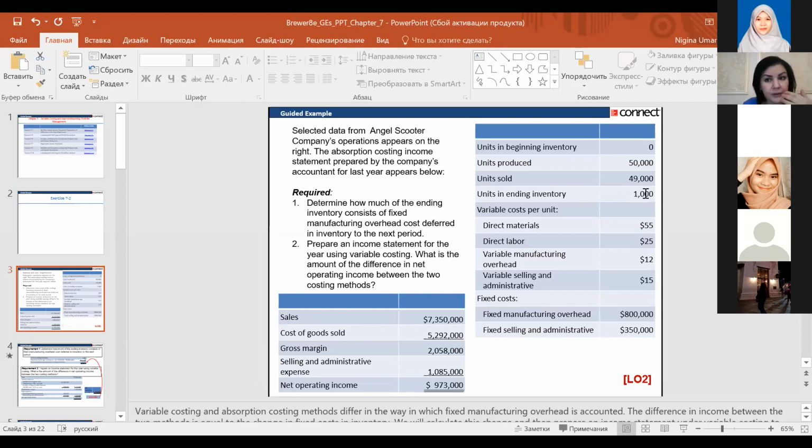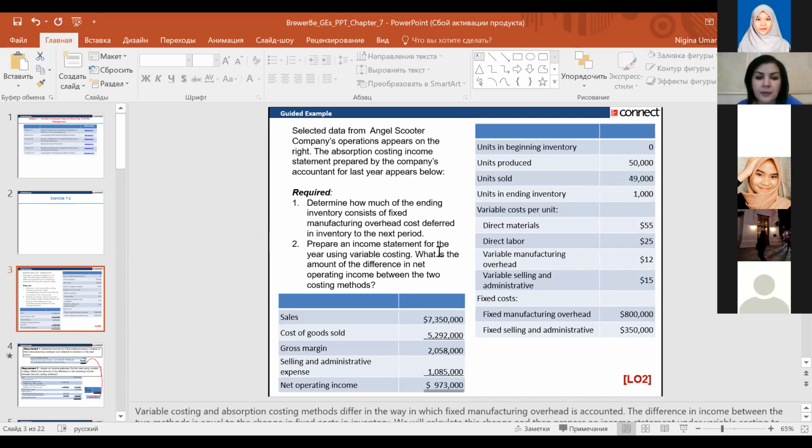Under absorption costing, we include direct labor, direct material, variable manufacturing overhead, and fixed manufacturing overheads into the unit product cost. So 16,000 resides here in ending inventory, right? Very good. Now, prepare an income statement for the year using variable costing. What is the amount of difference in net operating income between the two costing methods?